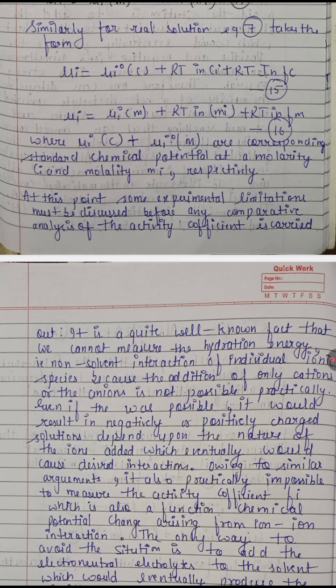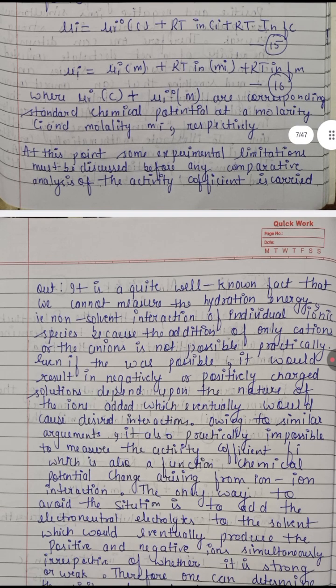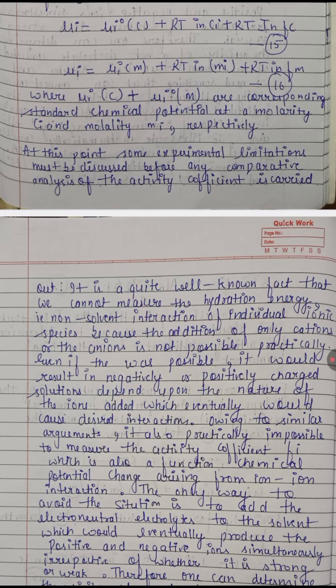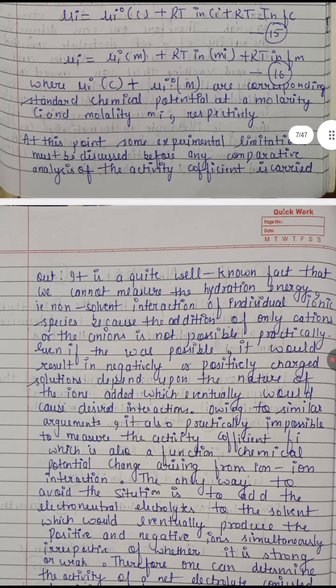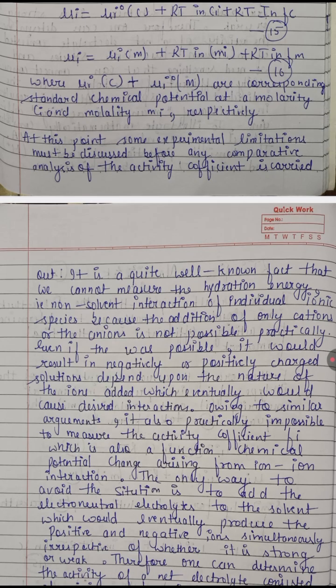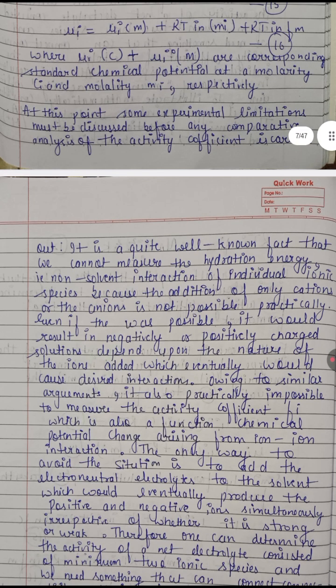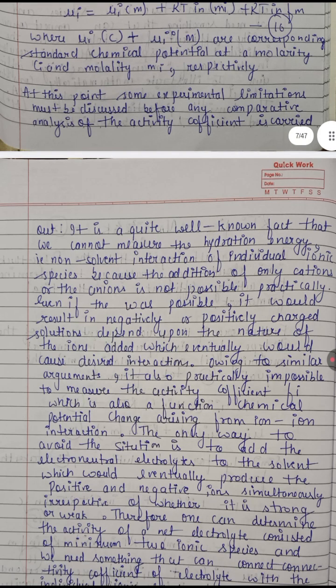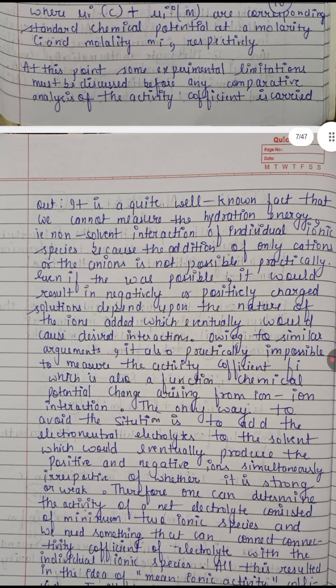Similarly, for real solutions, equation 7 takes the form mu i equals mu i naught into c plus RT ln Ci plus RT ln fc, which is equation 15. Mu i equals mu i naught into m plus RT ln mi plus RT ln fm is equation 16, where mu i naught into c and mu i naught into m are the corresponding standard chemical potentials at a molarity Ci and molality mi respectively.